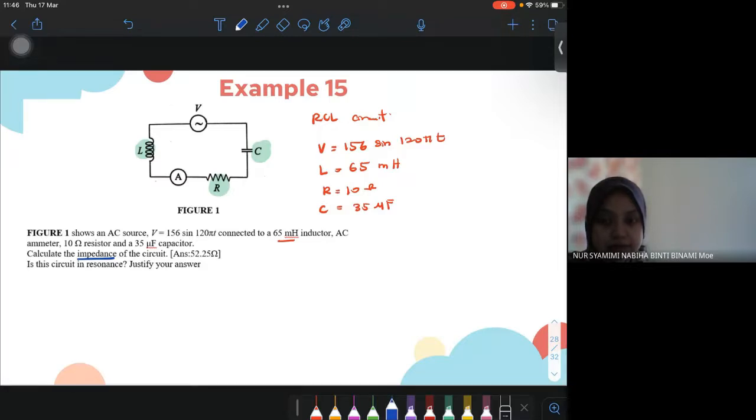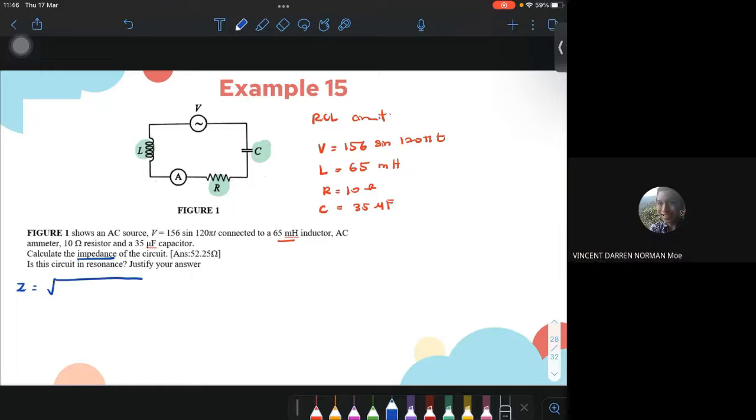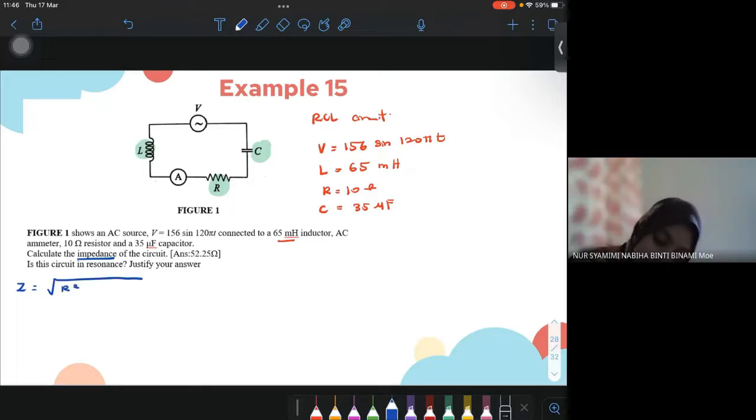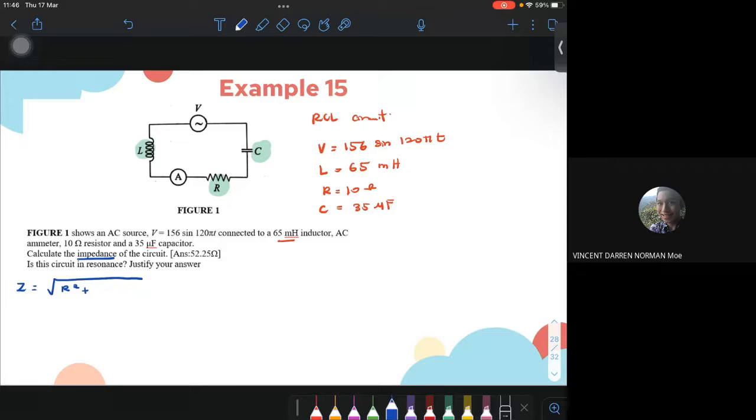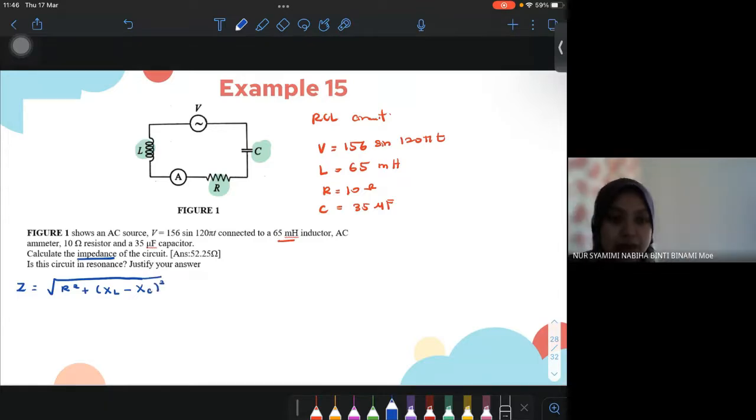So how do you want to calculate the impedance? We are using the formula Z equals the square root of R squared plus bracket XL minus XC squared. Okay, so R kita dah ada, so should be no problem.